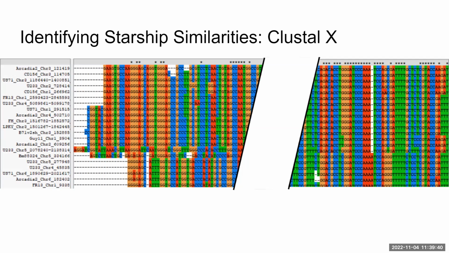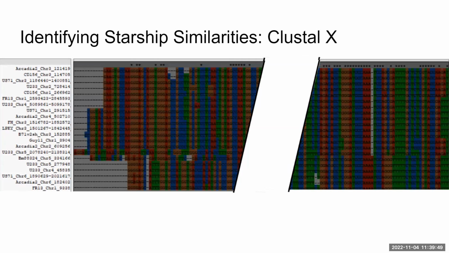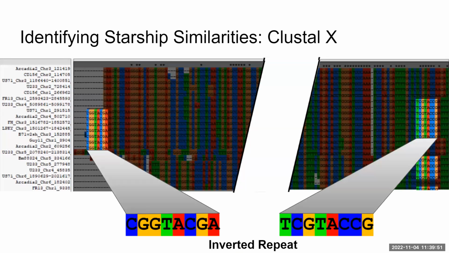So again, here are all of the starships compared to each other. The stars at the top mean that they all share the same base at that position. While investigating, we found inverted repeats present at both ends, which is very significant. All that means is that it has a line of base pairs that is flipped on the other side.